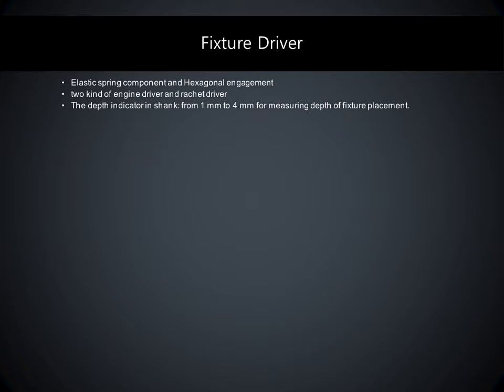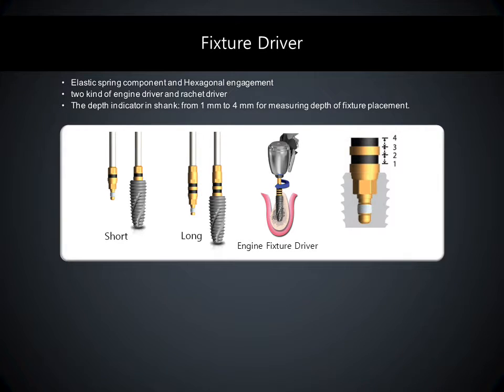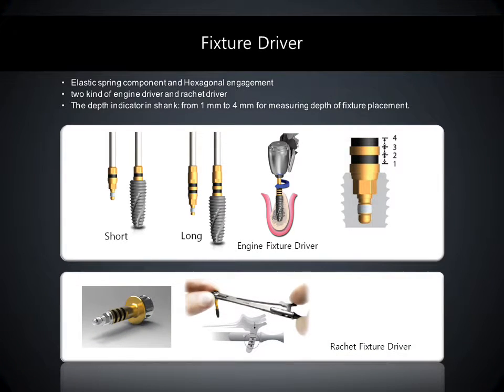Fixture drivers are mainly composed of an elastic spring component and a hexagonal fixture engagement portion, which retain and rotate the fixture. The fixture drivers are of two kinds, engine driver and ratchet driver. The engine driver has a torque tolerance limit of 50 Nm, and the ratchet driver has a 120 Nm limit.